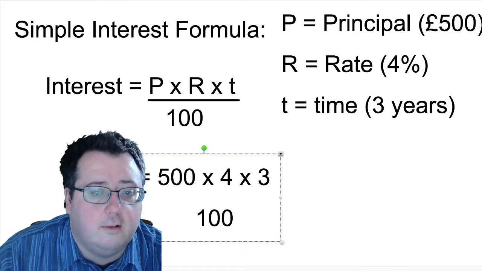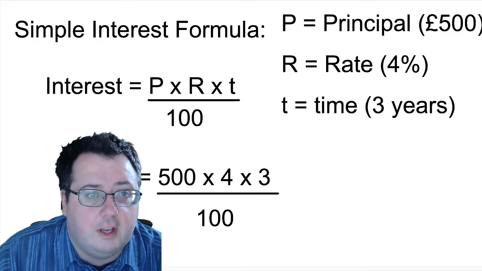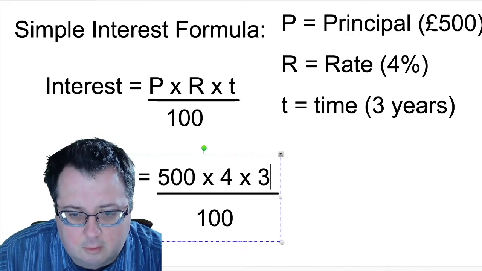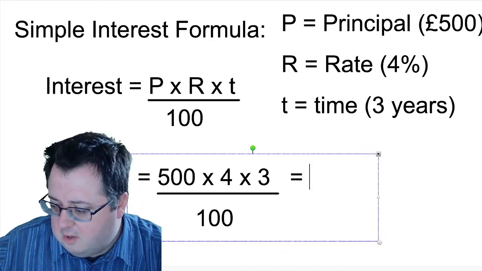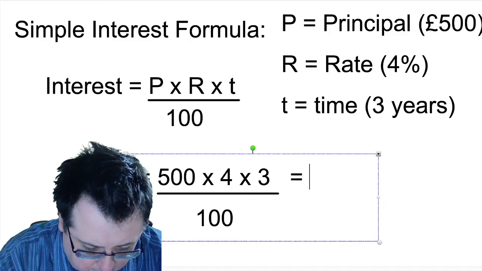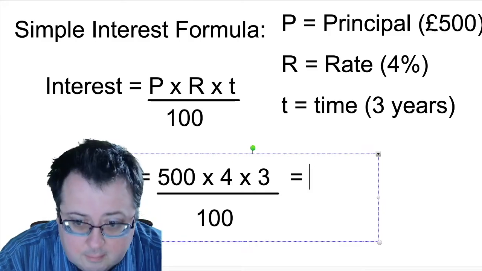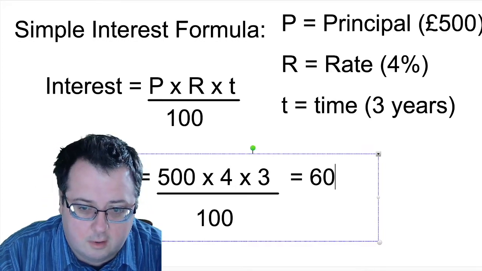I get a line. And this is where my calculator comes in really quite handy. So I will be going off screen to do that. 500 times 4 times 3 is 6,000. Divide by 100 gives me an answer of £60.